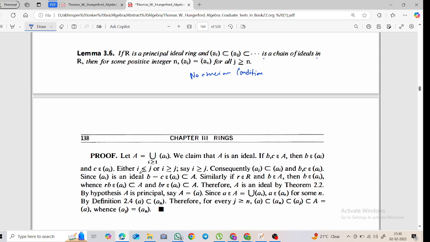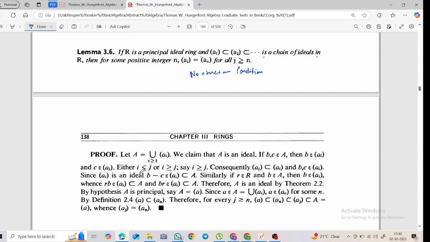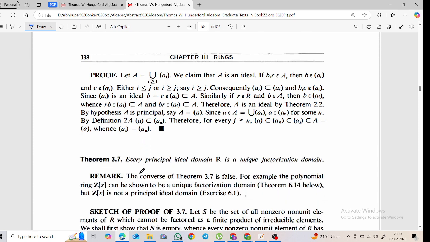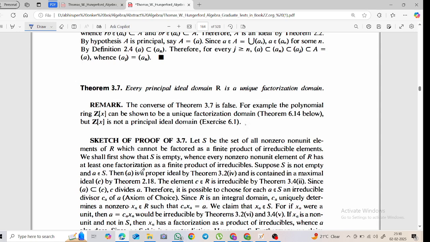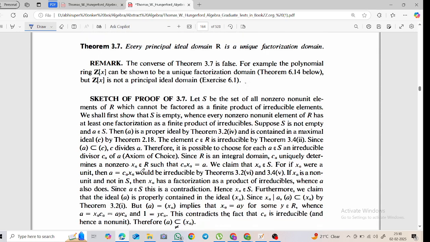So every principal ideal ring is a unique factorization domain.